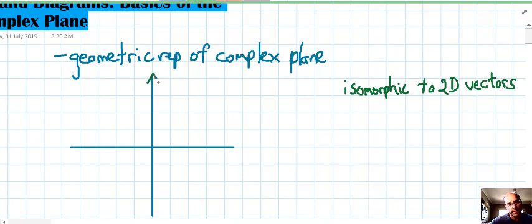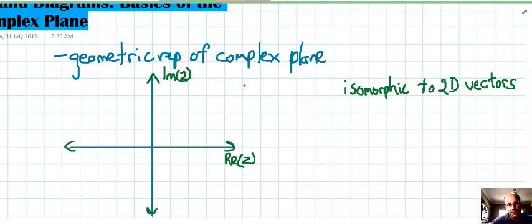So we have our axes, and instead of considering directions i and j, unit vectors, or x and y, we've actually got real and imaginary. So for complex number z, we have Re(z) and Im(z), real and imaginary.